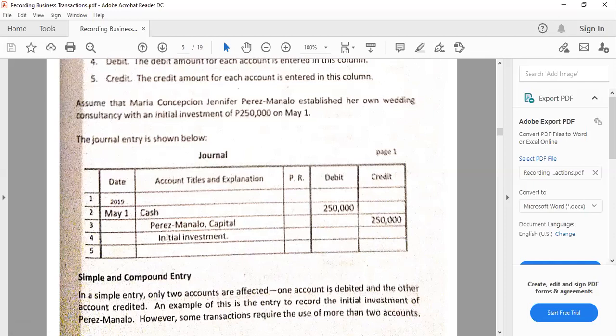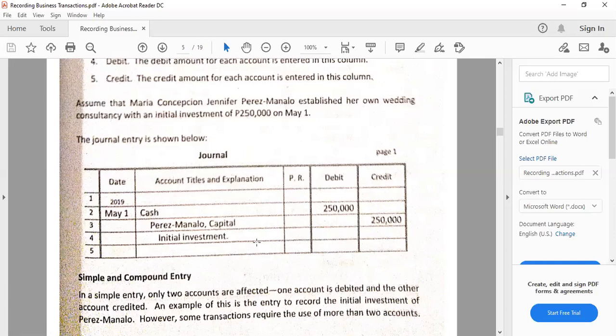Take note, I attached the words to record because the suggestion from other books is that the explanation should begin with the words to record. So to improve this, kindly write to record. Hopefully this is emphasized. And you can notice that we always begin with capital letters. So, to record initial investment of the owner.